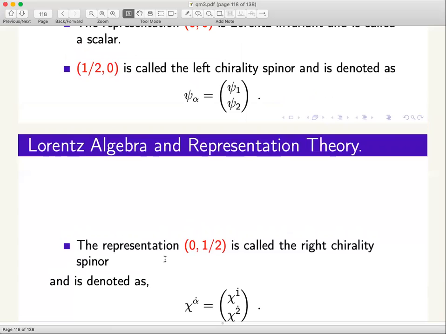That is the reason Lorentz algebra representation theory tells you that a non-chiral Fermi spinor representation, which is what the Dirac spinor is, had better be half 0 plus 0 half, and therefore it should necessarily be a 4-component object.